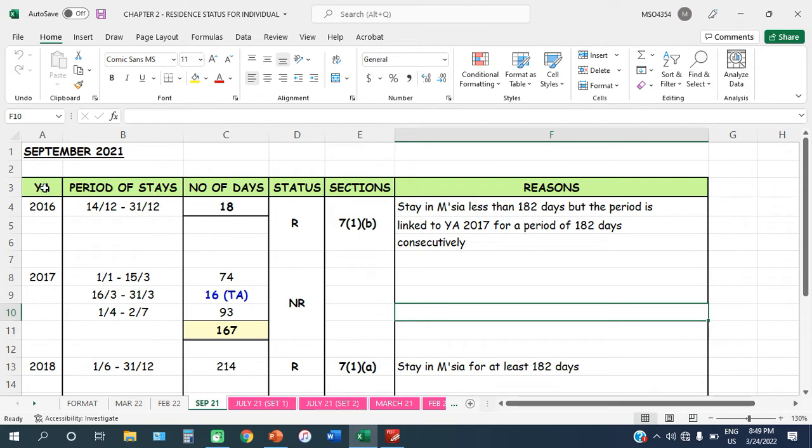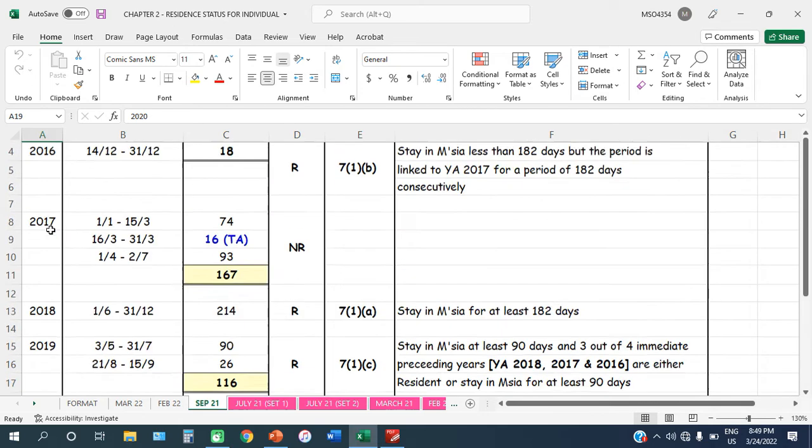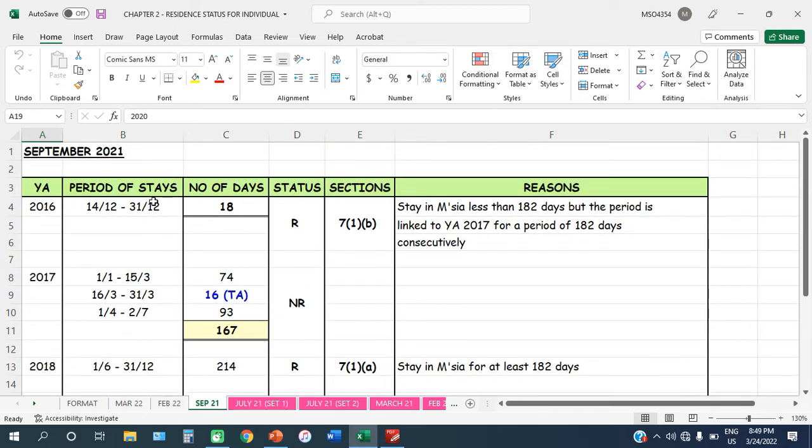Start with column YA. YA represents year, 2016 until YA 2020 based on our required. Followed by period of stay, where you need to record the dates. And then the third column is where you need to calculate how many days our period of stay is. Okay, and then what's the status, resident or non-resident?